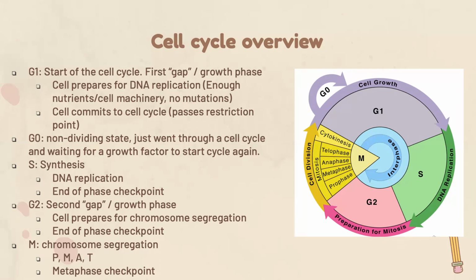And then there is also a checkpoint for this phase. Next is M phase, which is when the cell divides, at the end of M phase at least. It includes prophase, metaphase, anaphase, and telophase. And then there is also an M phase checkpoint. So that's just the overview. We'll get into more details in the later slides.